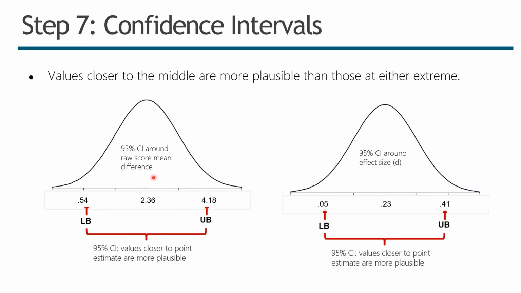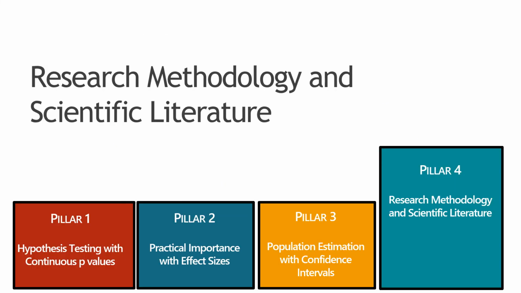So the outcomes in the middle are more likely or more plausible than the things out in the tails. Although any of the values within the confidence interval are plausible, those closer to the middle, which are closer to our estimate from the sample, are more plausible than the ones in the tail.